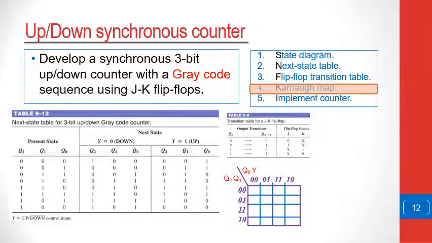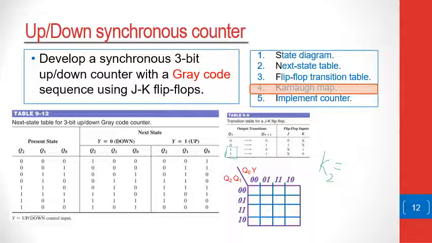So in this instance, let's say we wanted to create the map for K2. So what we will look at now, if we are going to look at K2, it means we focus on when the present state is 1.